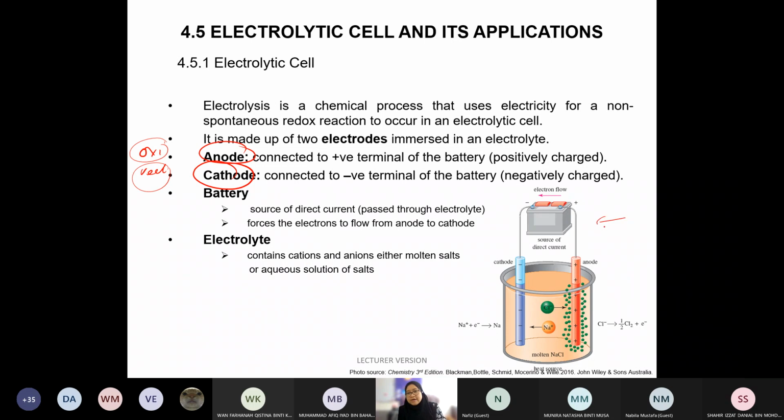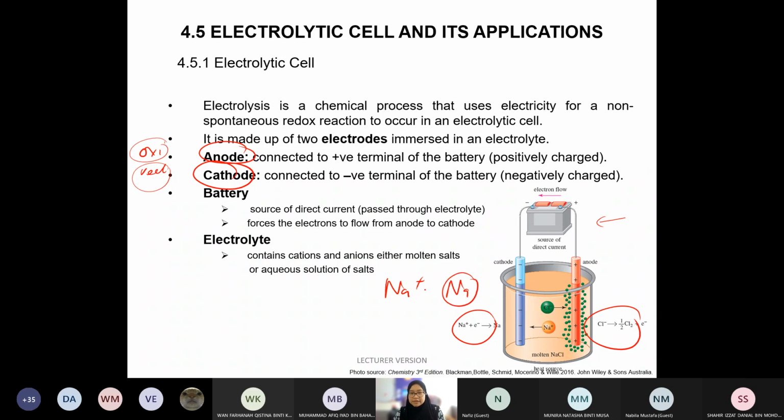So this is basically how an electrolytic cell looks like. You have battery, anode and cathode, and then you have electrolyte. On cathode we have reduction, on anode we have oxidation. Sodium plus accepts electron becoming sodium. Like I said, sodium prefers to become sodium plus, dia tak prefer becoming sodium.